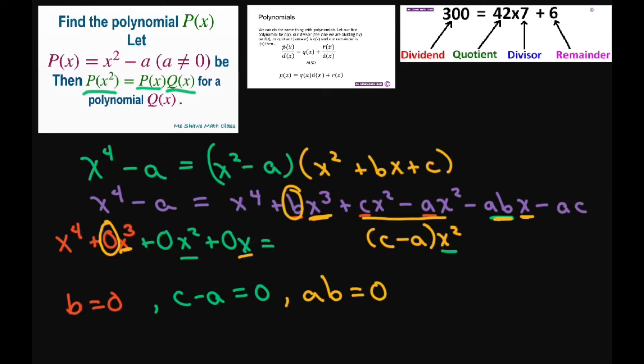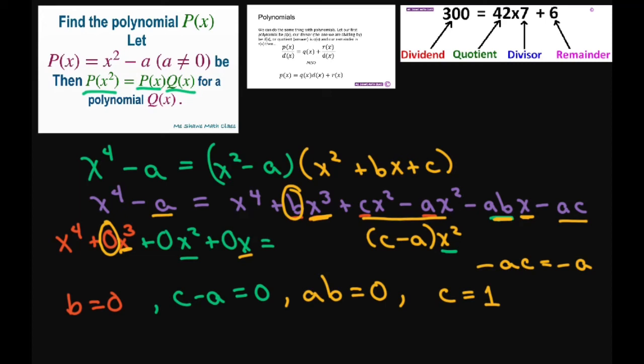And then what else? Is that it? What about ac? ac here is going to equal a. So we have negative ac equals negative a. Or you could just say, if you divide both sides by negative a, we're going to get c equals 1. All right.